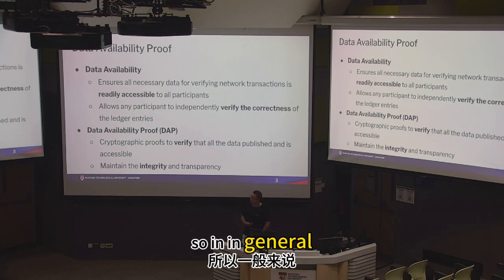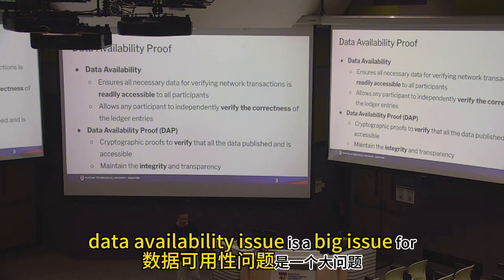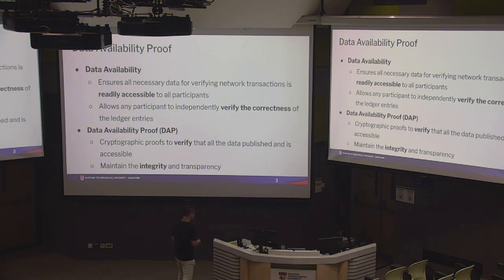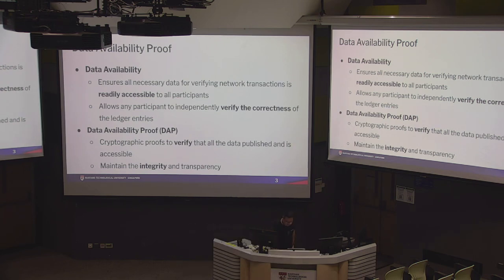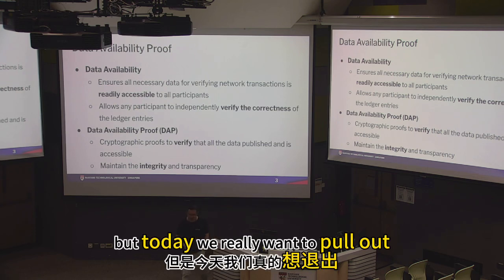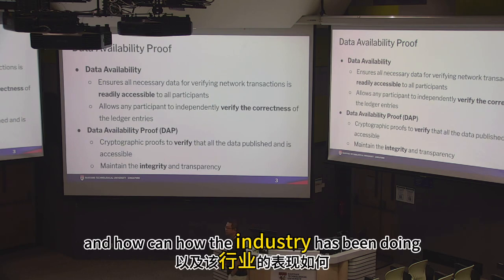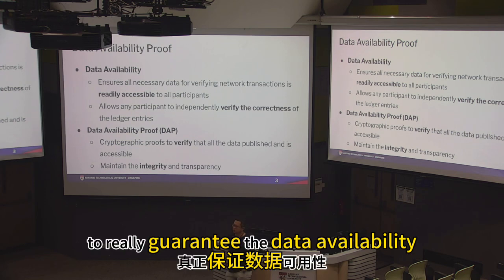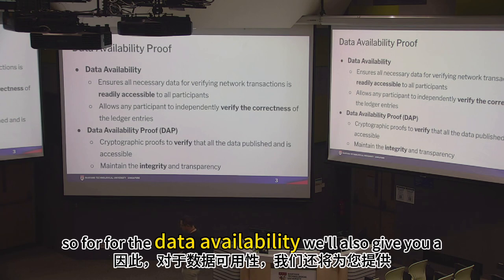So in general, the data availability issue is a big issue for the blockchain. We actually covered it here and there the last few times already, but today we really want to pull it out and run you through what the issue is and how the industry has been working to guarantee the data availability.